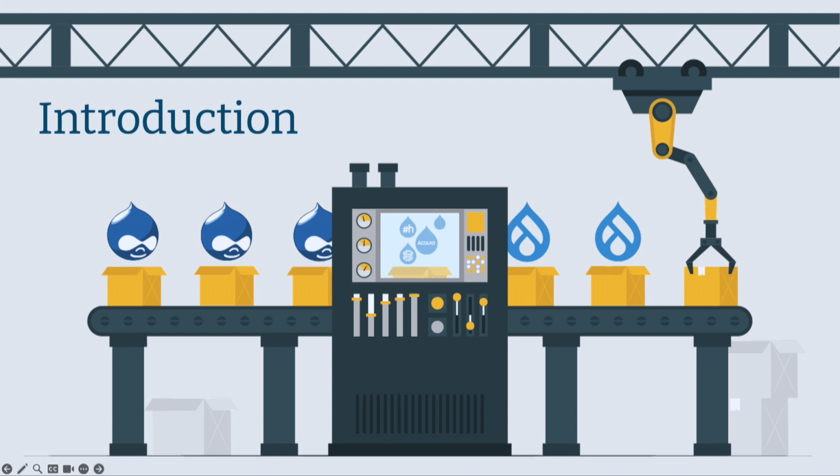I'm sure that all of you are familiar with the migrate module, because this session is about migrations. But I'm not going to talk about the migrate module, or at least not directly. I'm not going to focus on it, because the idea is to introduce you to the process we are using at my company to automate as much as possible the migration from a Drupal 7 site to a new Drupal site.